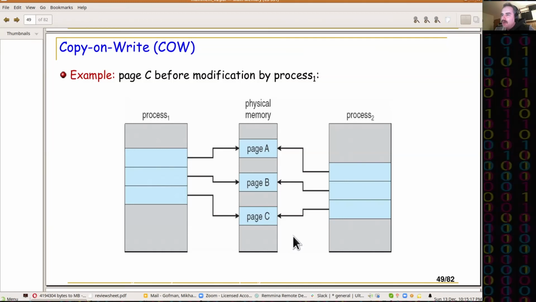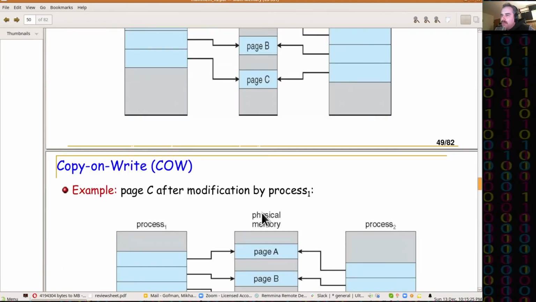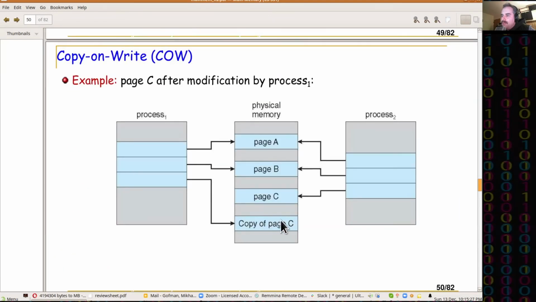So now let's say that the parent modifies frame C. What is going to happen? Well, when the parent modifies frame C, a copy of this physical frame is going to be made. This is where we allocate a new physical frame, and into that frame we copy the original contents of this frame, and then we allow the parent process to modify it.